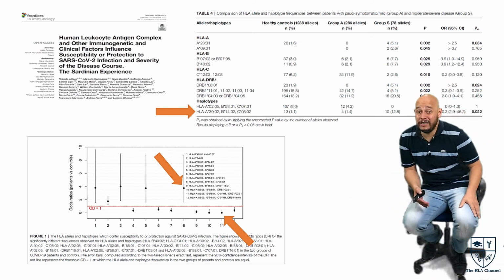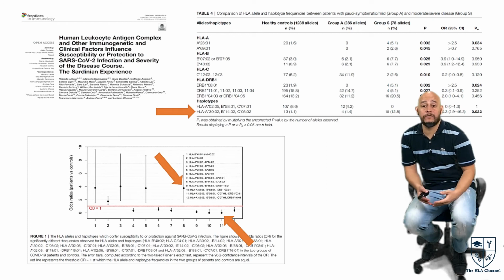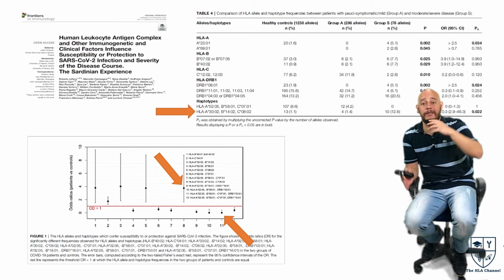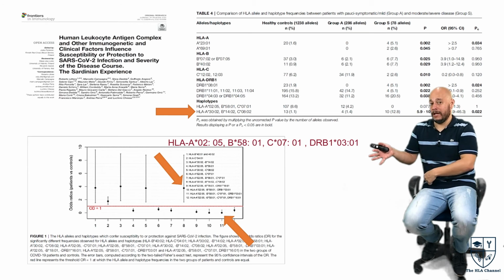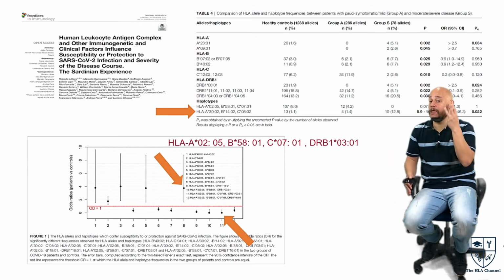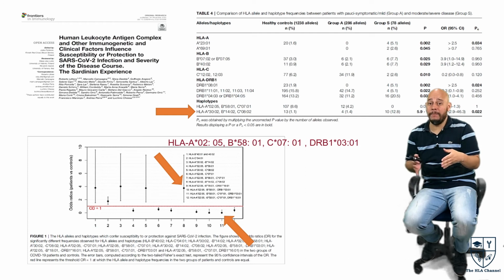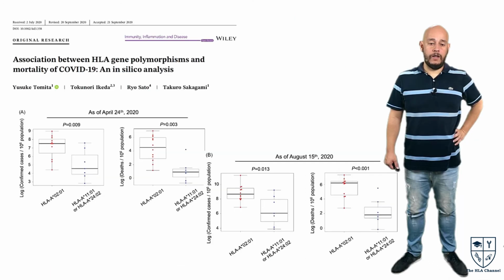One of the most interesting findings that emerged from the analysis of the population in Sardinia was the total absence of this haplotype. Okay, this haplotype is the third in order of frequency in Sardinia. So we can say that this haplotype can provide protection against SARS-CoV-2.